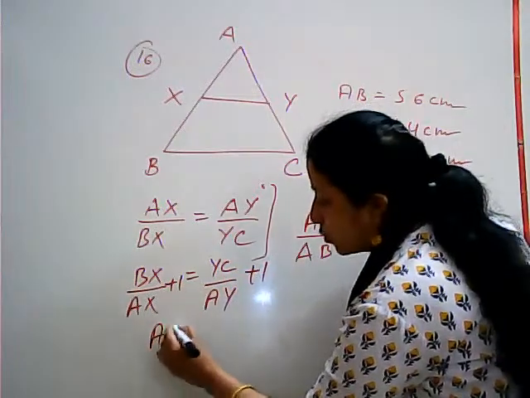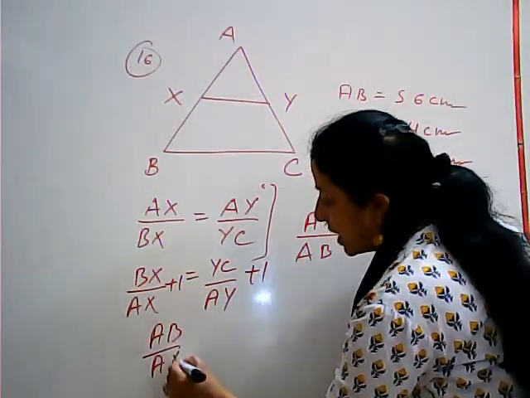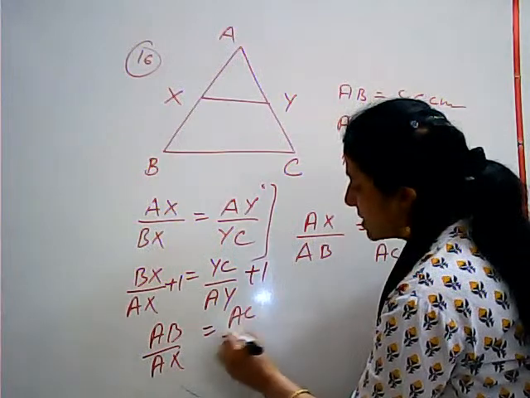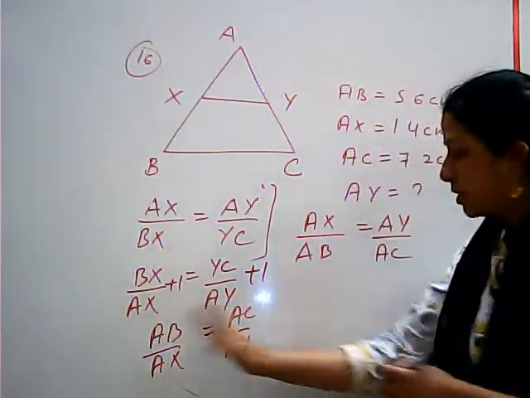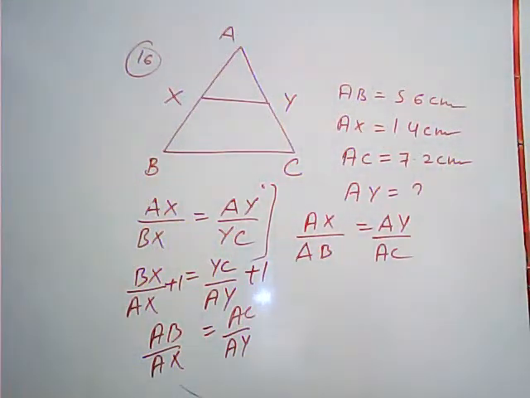So after solving you will get AB over AX is equal to AC over AY. Now you can put the values and find the answer here. Okay, so I'm getting the answer from Rushi also and Japneet, 1.8. Yes, this 1.8 is your correct answer.